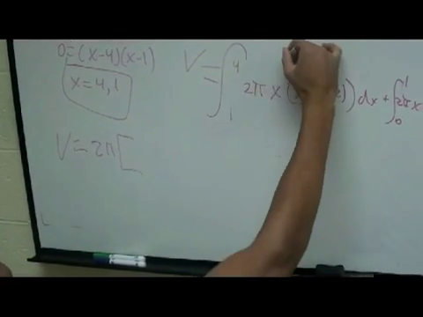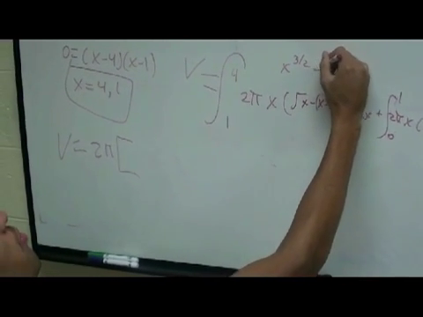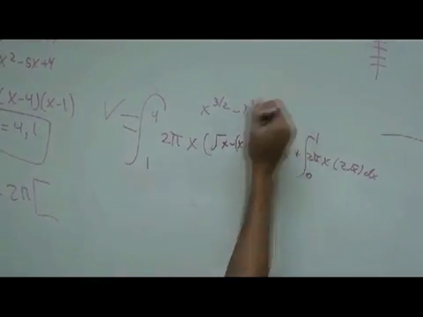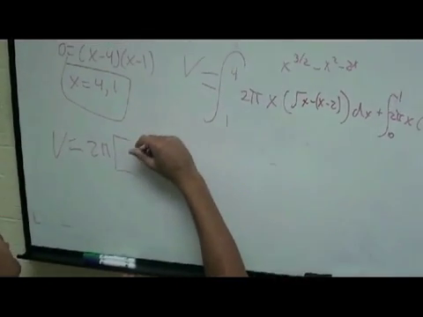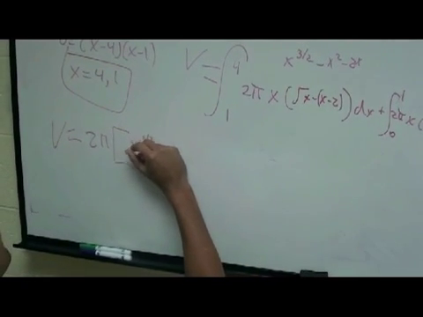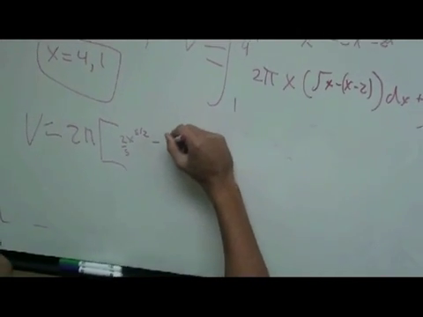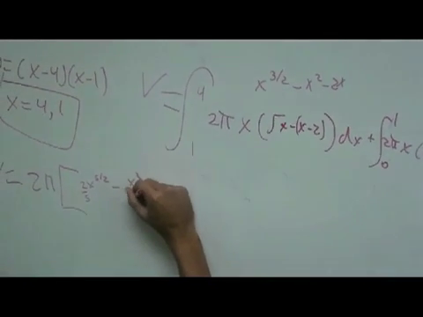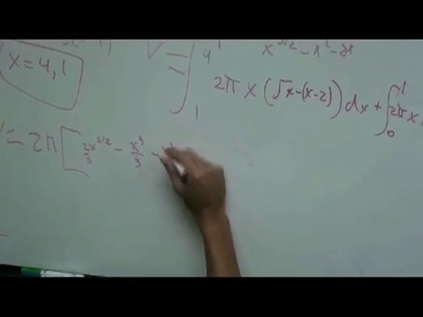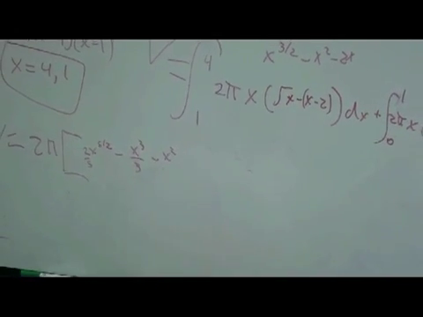Right here, this is the same thing as saying x to the 3 halves minus x squared minus 2x. So when we integrate that, that's going to be x to the 5 halves divided by 2/5, minus x to the 3rd divided by 3, minus x squared divided, or actually no, not divided by 2, because that 2 and this 2 would cancel, that's just x squared.